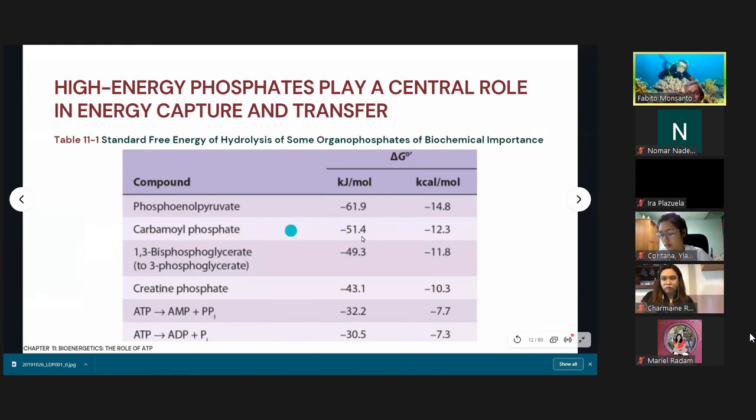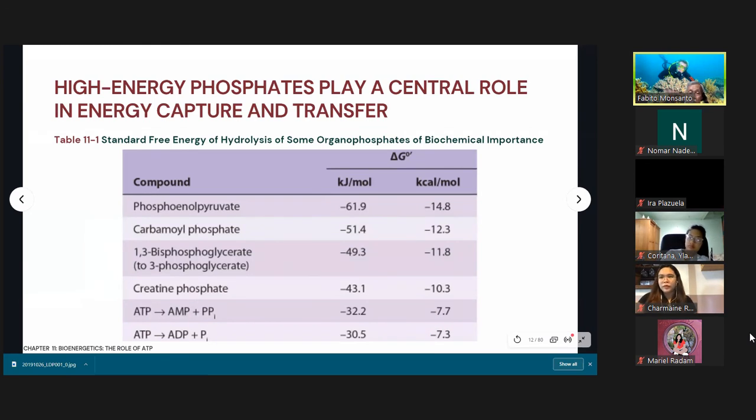Carbamyl phosphate has 12.3. 1,3-biphosphoglycerate, you have 11.8. Creatine phosphate, 10.3. And so you have your ATP losing 2 phosphates, 7.7. ATP losing 1 phosphate, 7.3.